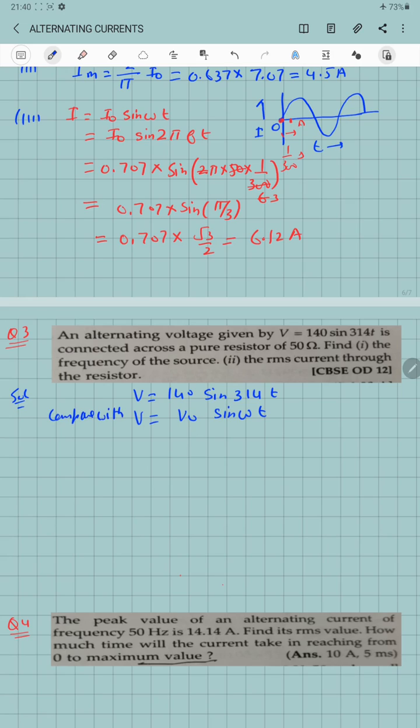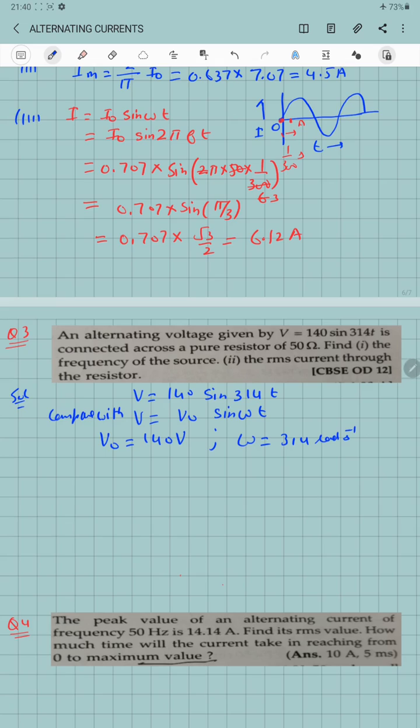So if we compare the two equations, peak value of the voltage comes out to be equal to 140 volt and omega is equal to 314 radian per second.